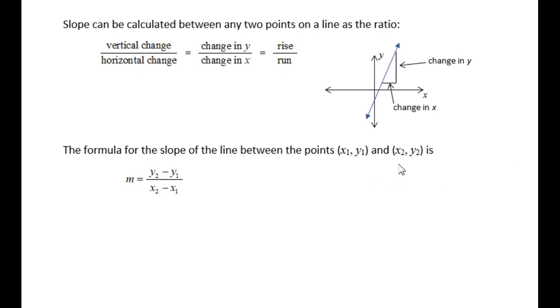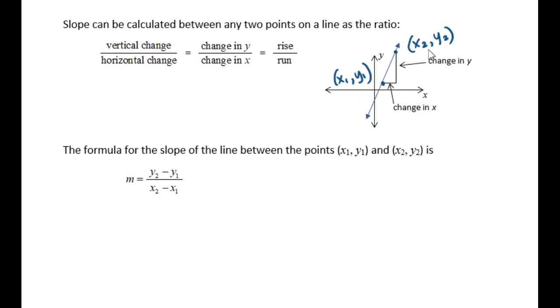If we know two ordered pairs on the line, then the formula for the slope is the difference between the two y-coordinates over the difference between the two x-coordinates. So if we label the two ordered pairs in this diagram with these coordinates, here I've labeled the first ordered pair x1, y1, and the second ordered pair x2, y2.